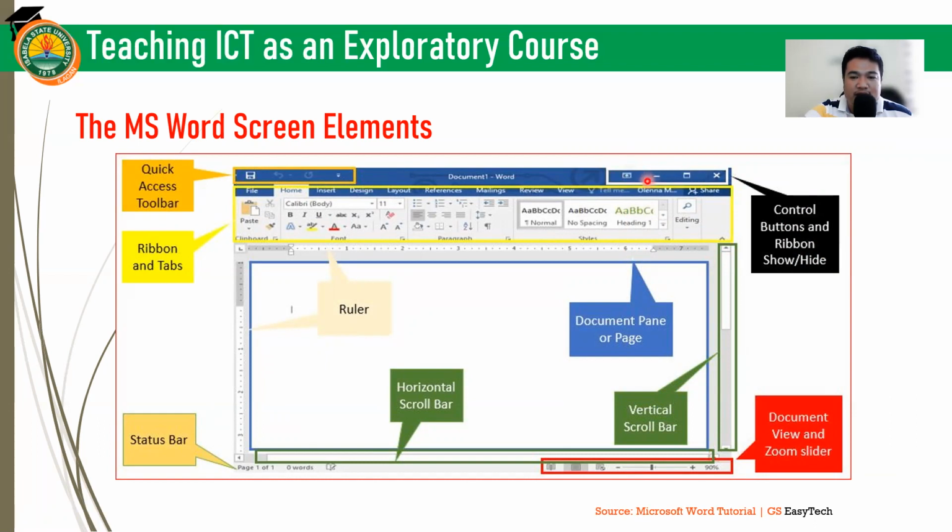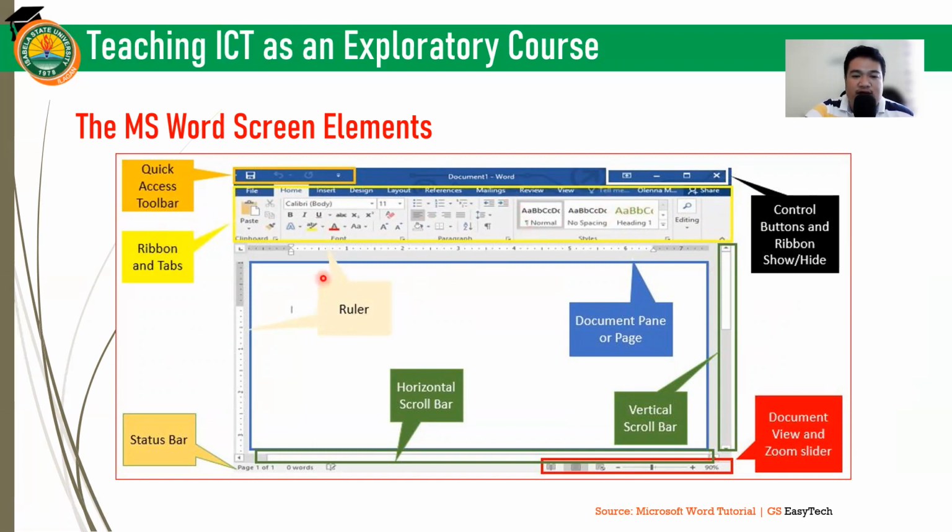Usually, on the earlier versions, we only see minimize, maximize or restore, and close. This time, in this new version, we have a ribbon show/hide button. When we click this one, our ribbon and tabs are hidden or shown.